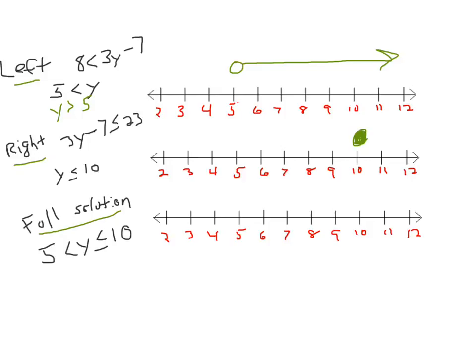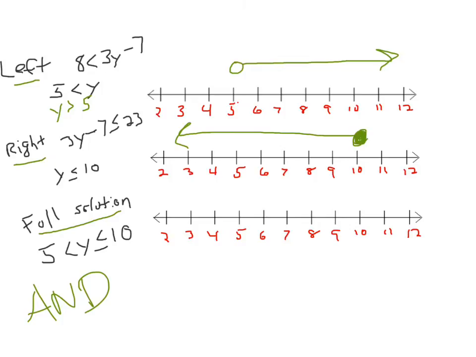And we want to choose everything that is less than or equal to 10. So that would mean everything in this direction. And because this is an AND compound inequality, we want only the parts of our number lines, only the parts of our ranges of solutions that appear in both the left side and the right side.